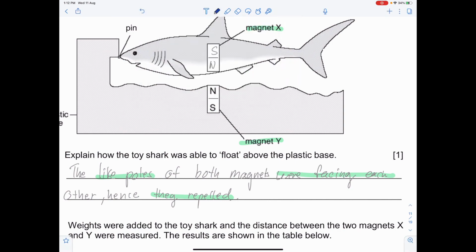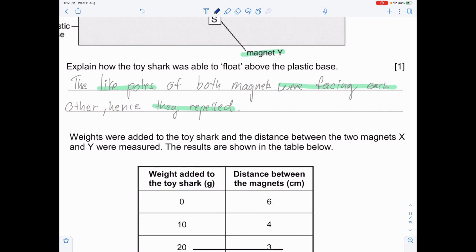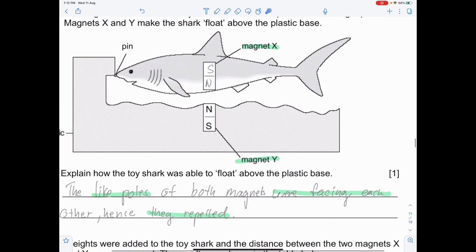Then the next question asks, weights were added to the toy shark and the distance between the two magnets was measured. The results were shown in the table. So your toy shark is here. You add some weights, you can add here, you can add here. But the whole idea now is, what has changed? The mass of the shark has increased.